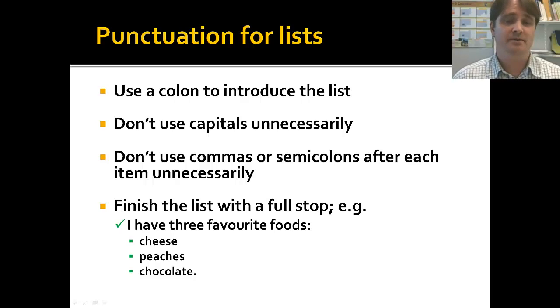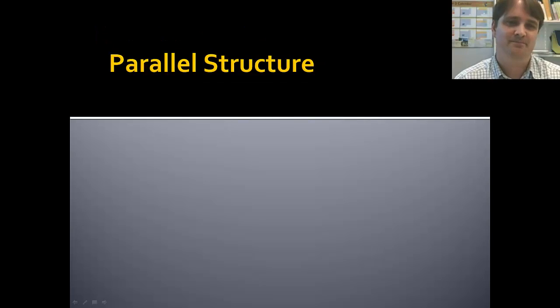Don't use commas or semicolons after each item unnecessarily, and finish the list with a full stop. So in that way it functions kind of like a sentence. I have three favourite foods: cheese, peaches, chocolate. And this is, according to the style we're using, the correct way to punctuate lists.